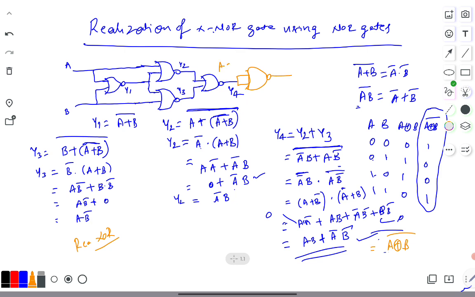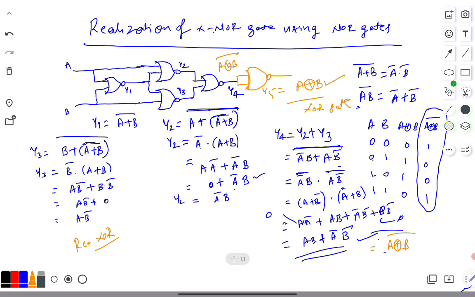Here this is A plus A XOR B whole bar. Then again if you add it, I will take this as Y5, which is equal to A XOR B. This is your XOR gate. I will explain again.